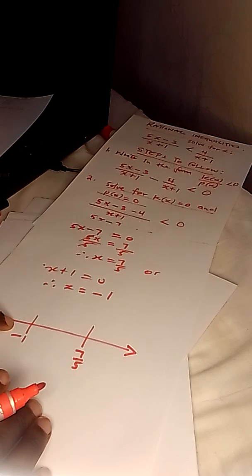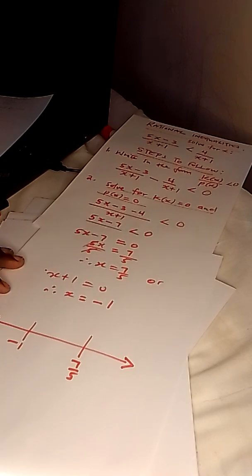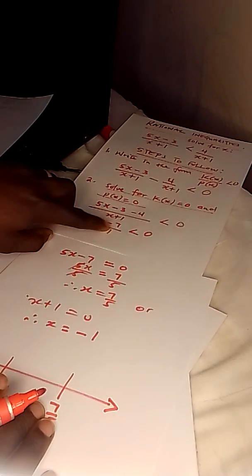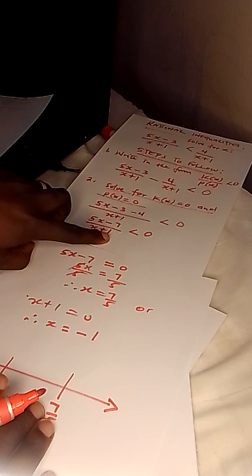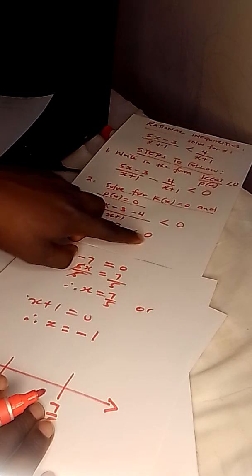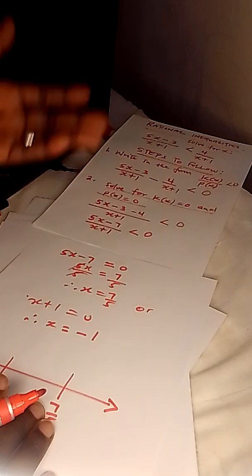So here again you pick a number behind this minus 1, which can be minus 2. Go and substitute it into this equation here where we have 5x minus 7 over x plus 1, and see if it will give you a number that is less than 0 or positive or negative.